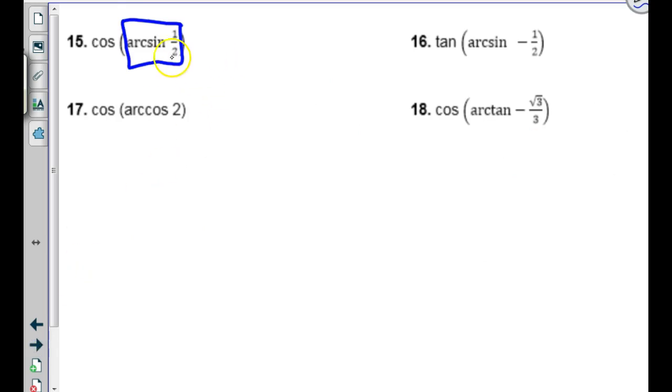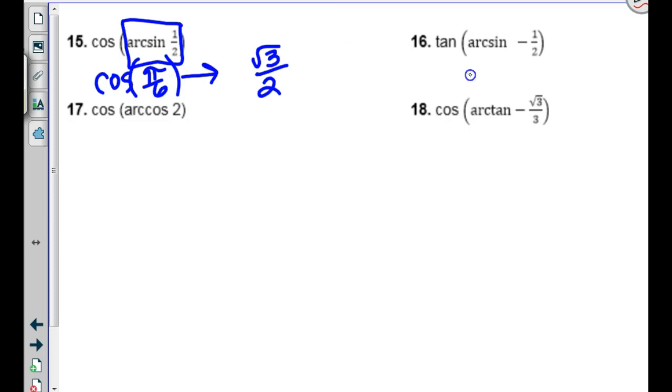So we got pi over 6. And then it says, what is the cosine at pi over 6? Square root of 3 over 2? Is that what you meant? No. Questions? If it doesn't make sense, please ask, because there's not a lot. If you're not following, we just need to go over it again or do another example.